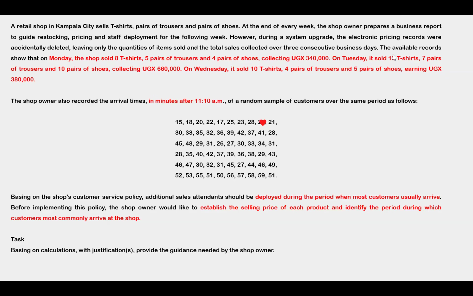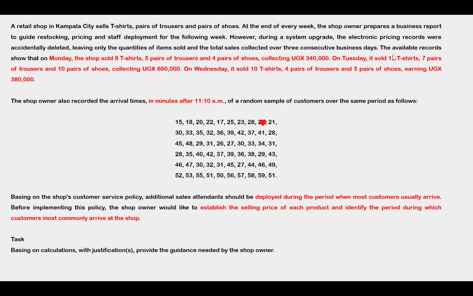to determine the selling price of each particular commodity or product, i.e., identify the exact price of a t-shirt, the exact price of a trouser, and the exact price of the shoes. Then our second objective for this scenario is to analyze the customer arrival time using statistical methods.